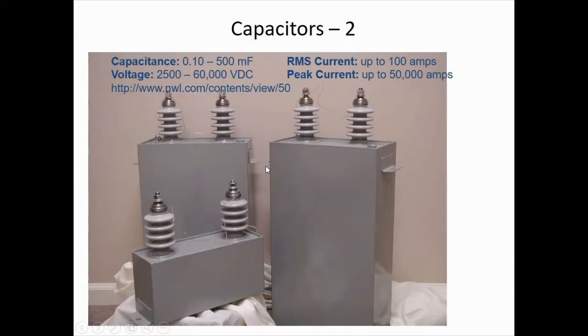Now these are 60,000 volts and 50,000 amperes. So here size has to do with the capacity to withstand voltages and current. If you want large voltages, then you have to build large sizes.